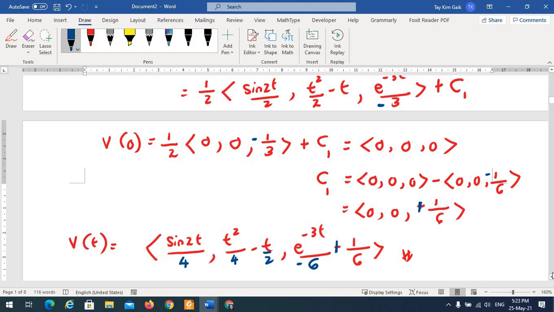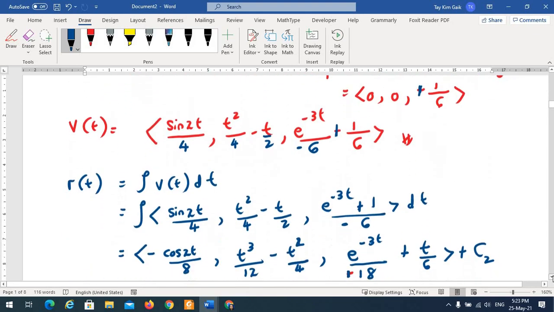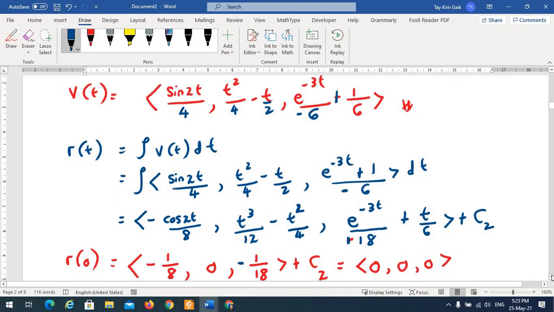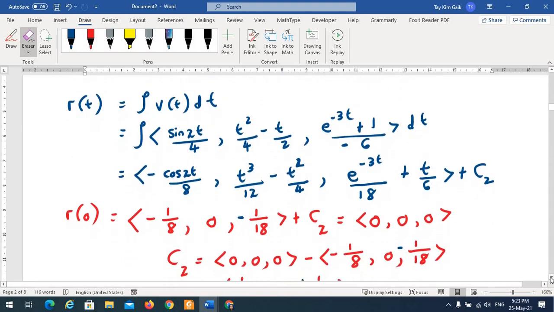Then when we integrate v(t), negative 6, e to the negative 3t divided by negative 3, so this is positive 18, plus t over 6.